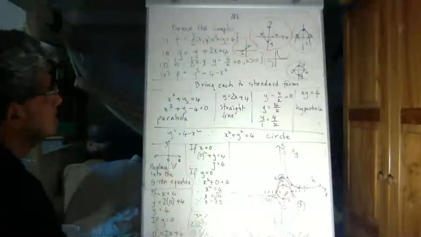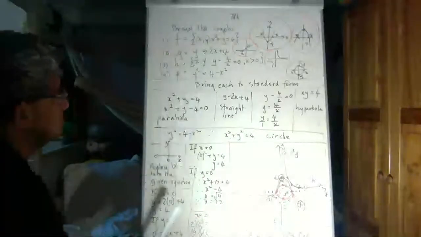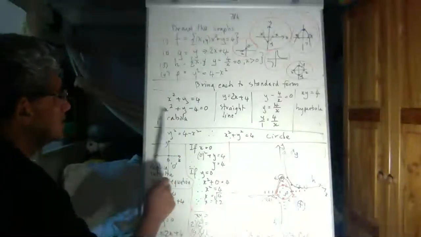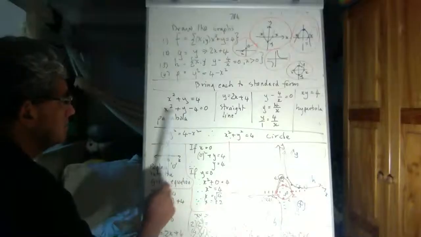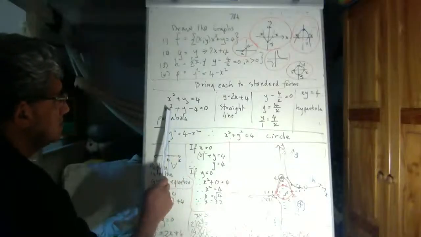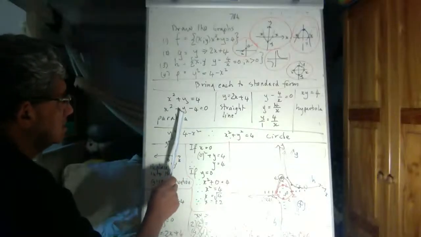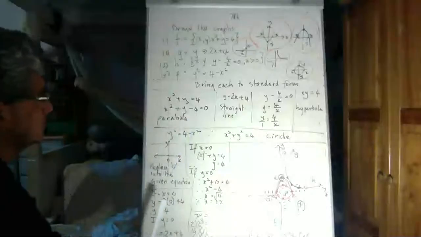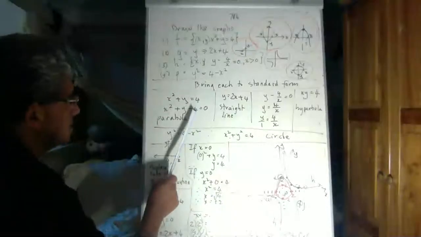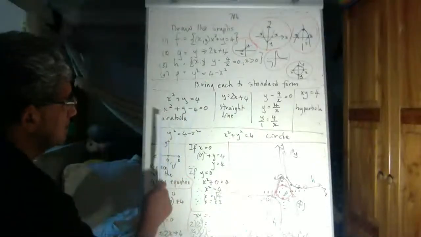They gave it to us in this form: x squared plus y is equal to 4. This is for a parabola. The standard form is the x squared first, then the y second, and then the whole number third. So you put that to the other side, and it becomes minus 4. That's the standard form there.